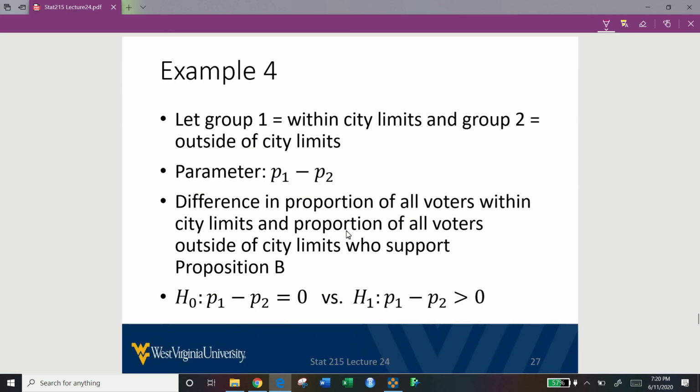Let's begin by identifying our two groups. So let group 1 be the group that lives within our city limits, and group 2 be those who live outside of the city limits. Our parameter of interest will be P1 minus P2, the difference in the proportion of all voters within city limits and the proportion of all voters outside of the city limits who support Proposition B. Our hypothesis in this case would be a null hypothesis of P1 minus P2 equal to 0 versus the alternative of P1 minus P2 greater than 0.